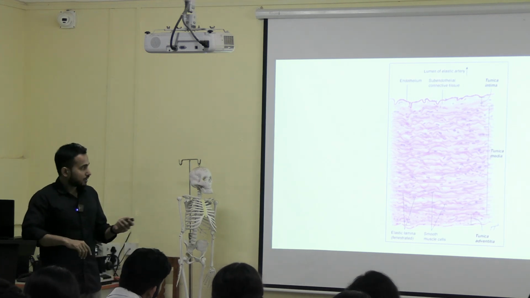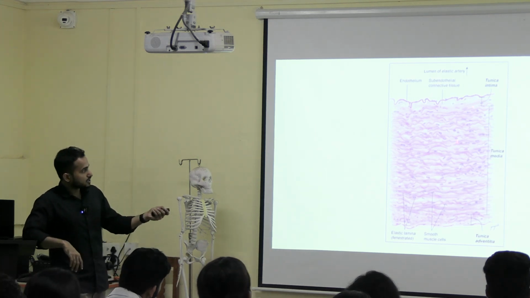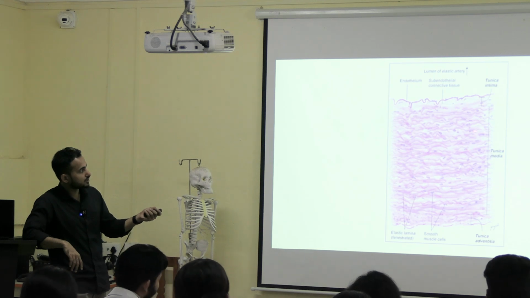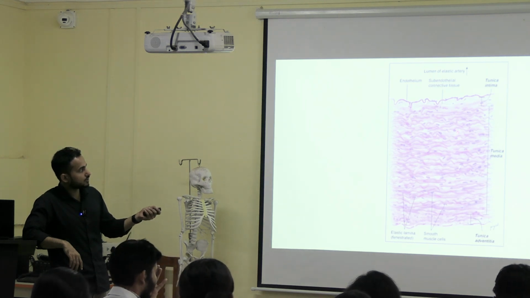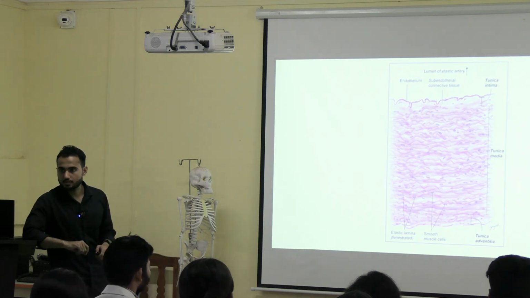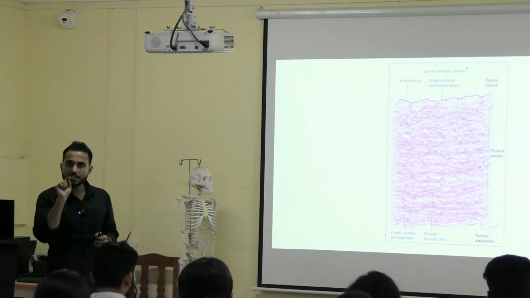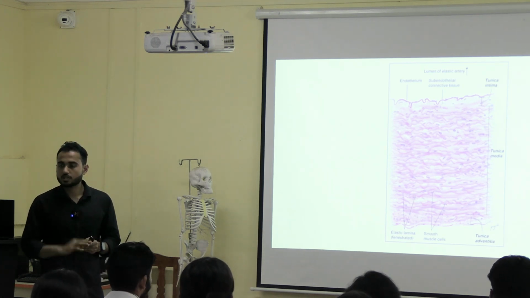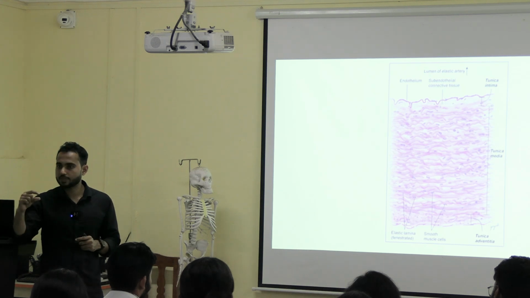Okay. So see, this entire part is tunica media. Now in the tunica media, can you see these are the sheets of elastic fibers, and in between can you see the nucleus? So these are the nuclei of the smooth muscle cells. Where there is a nucleus, just think that this is nothing but the smooth muscle, because we have studied smooth muscle is spindle shaped with a centrally placed nucleus.